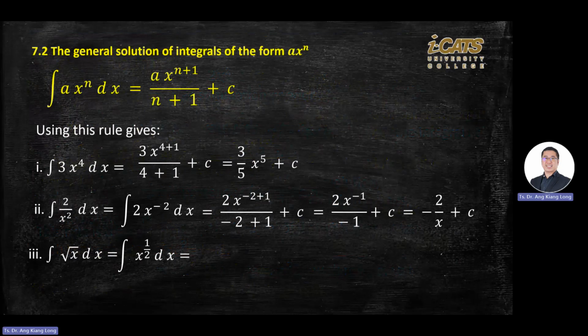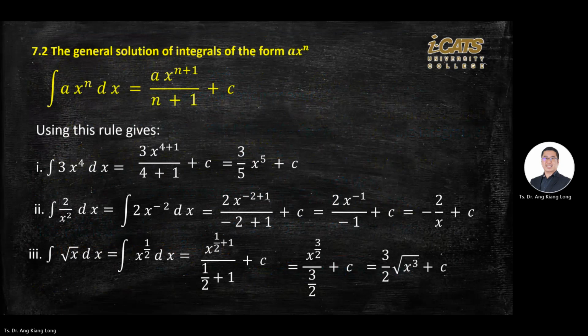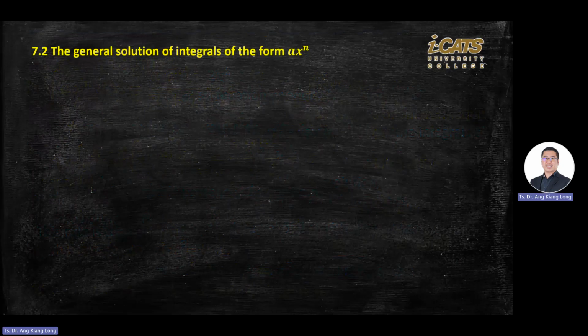For your final of test 2, you always need to show me what general formula you're using. You need to write the general formula. So at the end, the third one will arrive at 3 divided by 2 square root 3, power square root x^3, plus c.